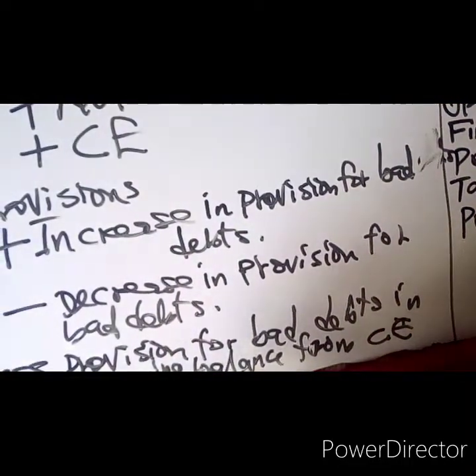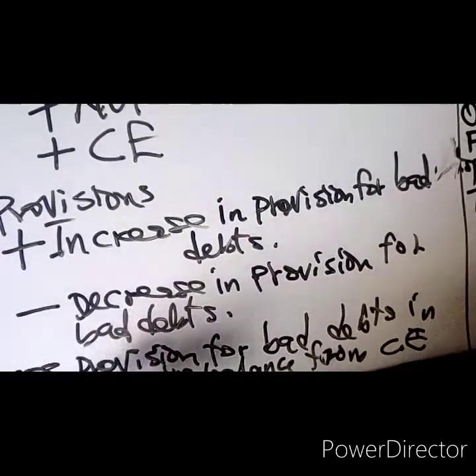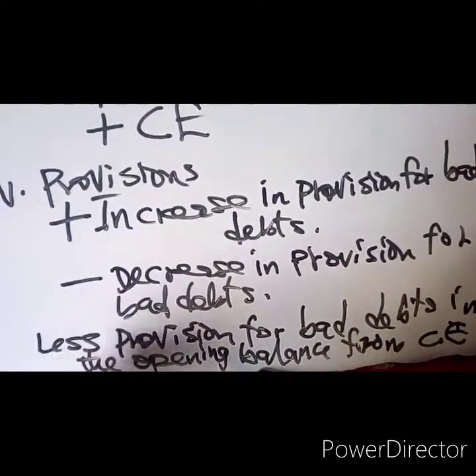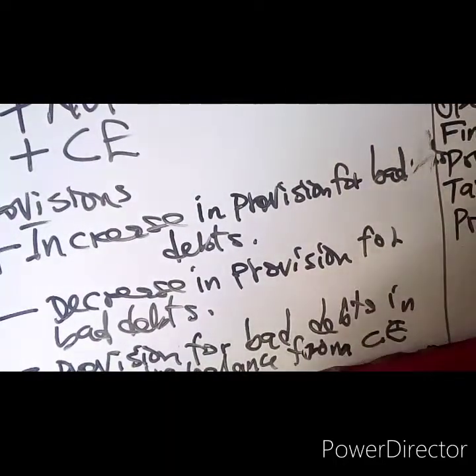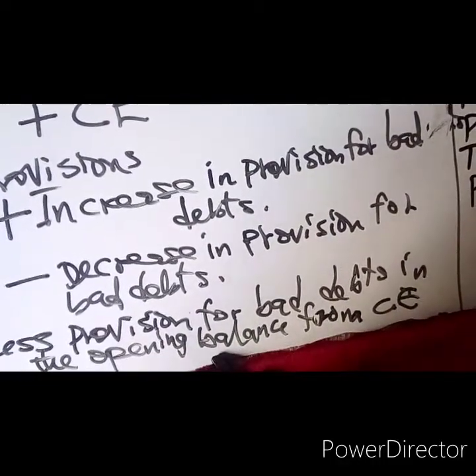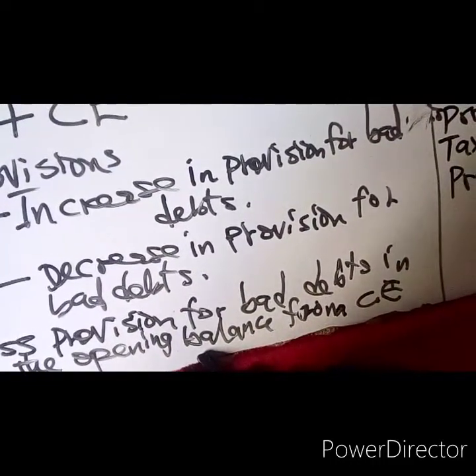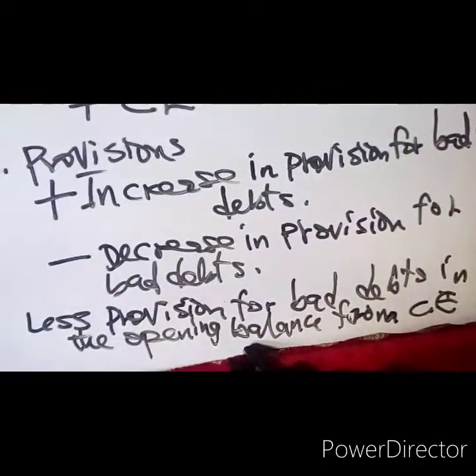The provision, it is the actual provision, not the increase or decrease. The actual one relating to the opening balance is what you are going to subtract from the capital employed. You less the actual provisions.